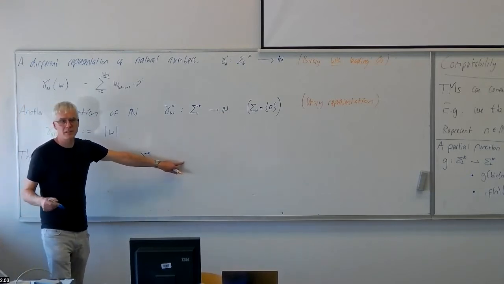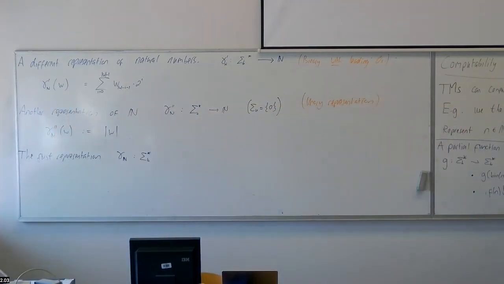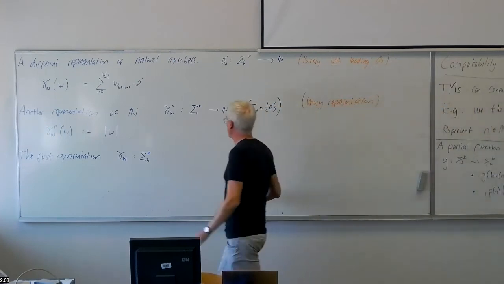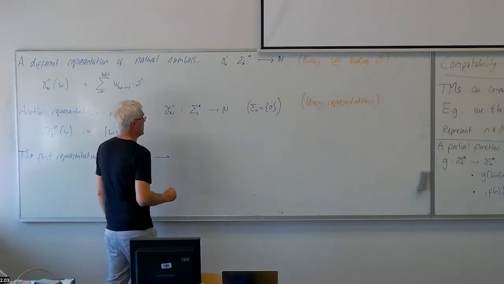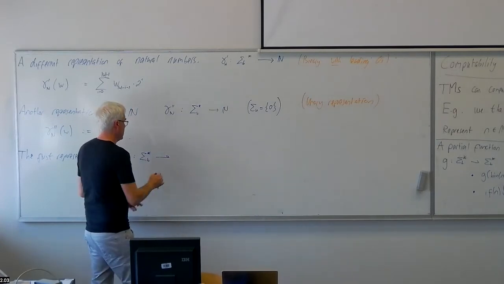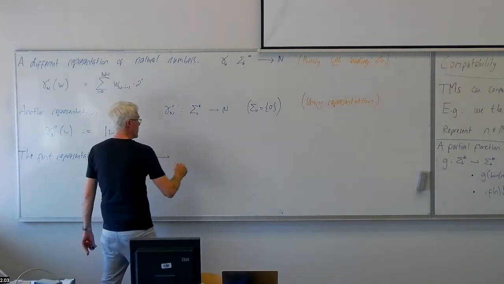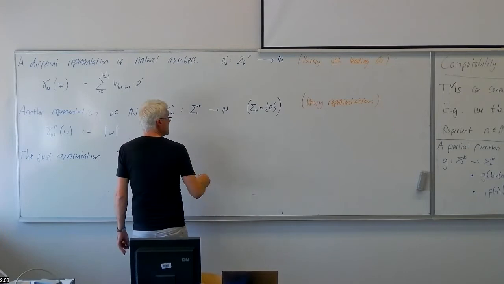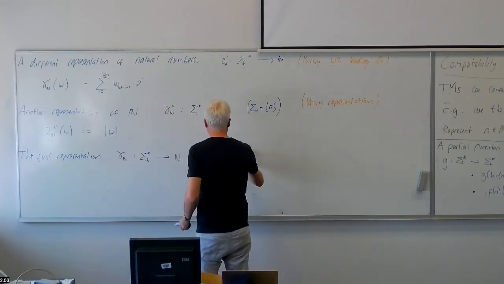But in this case, not every binary word represents a number, because we're not allowing the leading zeros. So this is an example of such a representation where we have a partial function rather than a total function. So this is again binary without leading zeros.